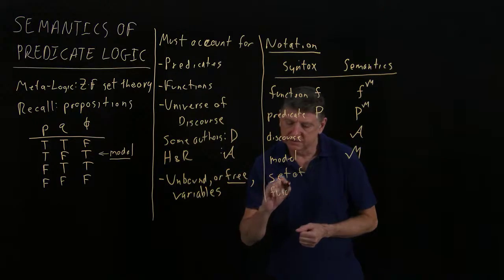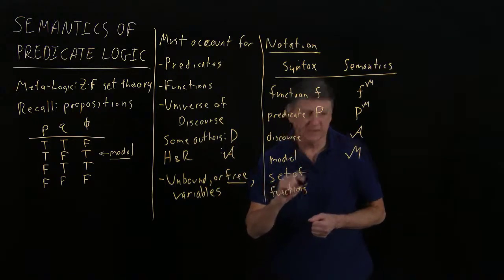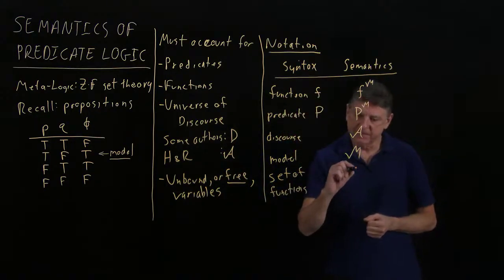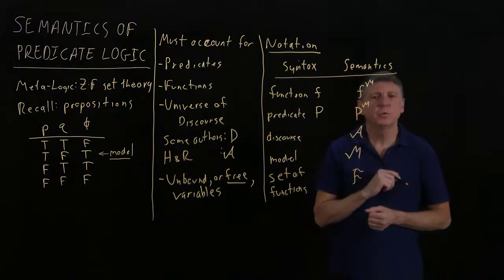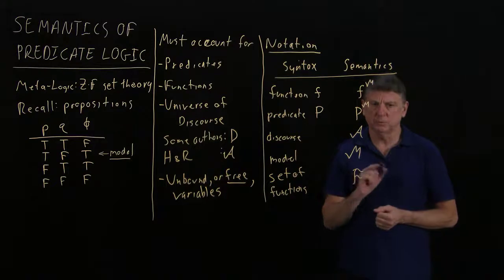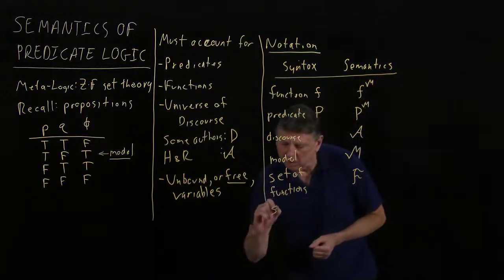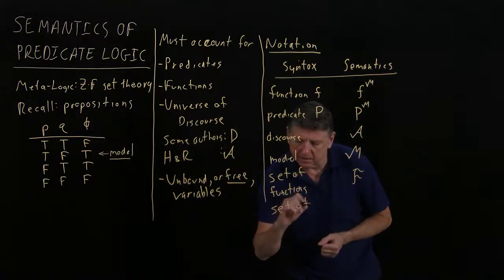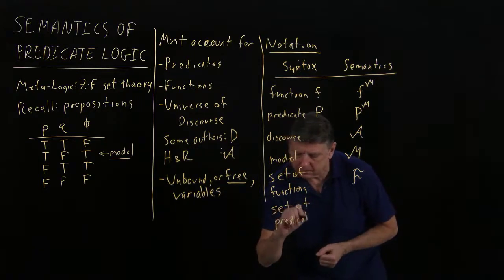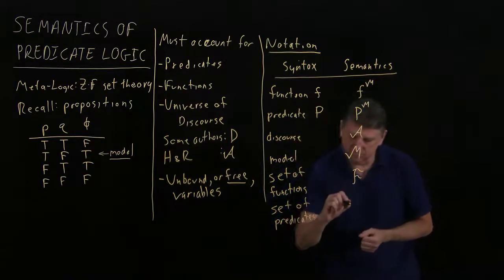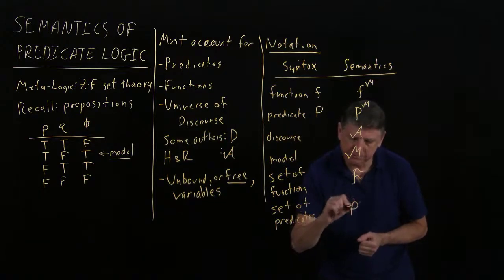And this is a semantic notion, and for this, we'll write this as script F. We won't use it very often, but when we do, we'll write it as a script F, and we'll also have a set of predicates. And that will be a script P.